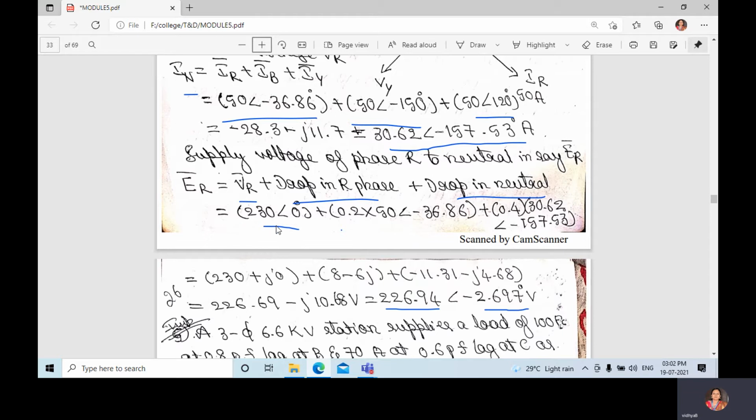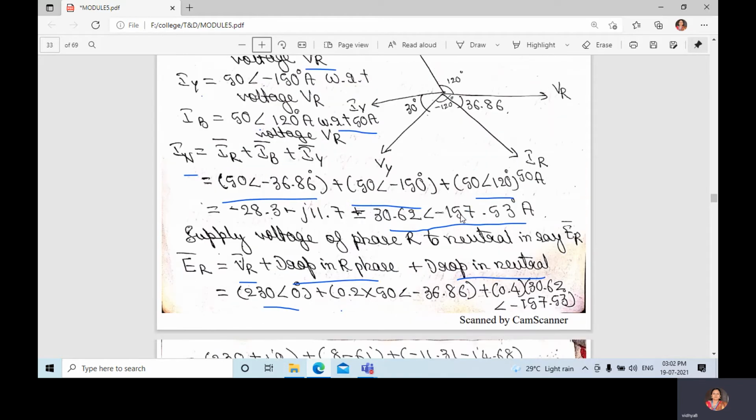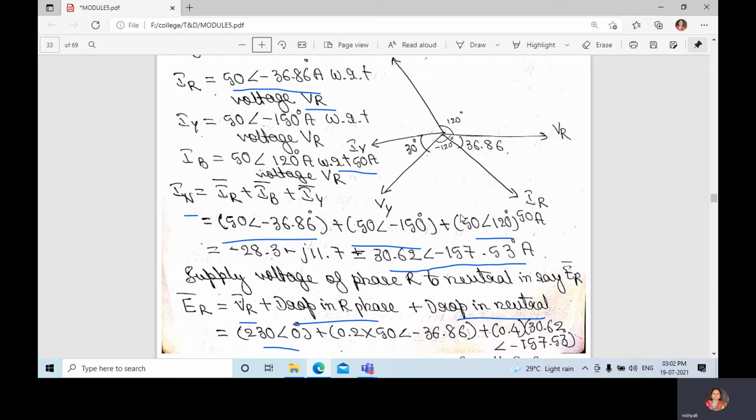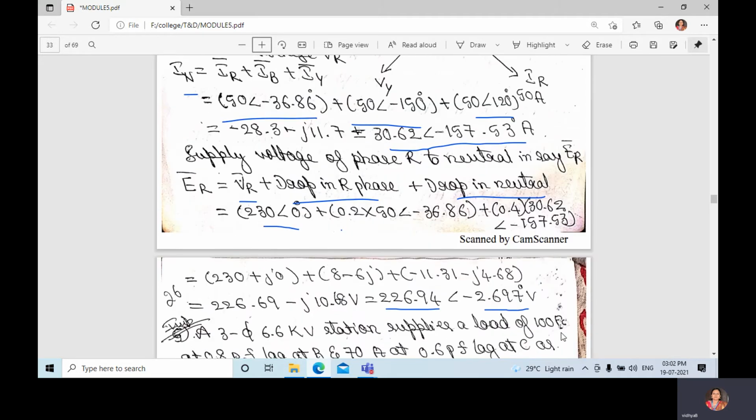VR is what we got, 230 at angle 0, and the drop in R phase is nothing but 0.2 into 50 at angle minus 36.86, the current we got in that particular section, and the resistance is 0.2. The drop in the neutral section: they have given the resistance as 0.4, and the current we got is 30.62 at angle minus 157.53.